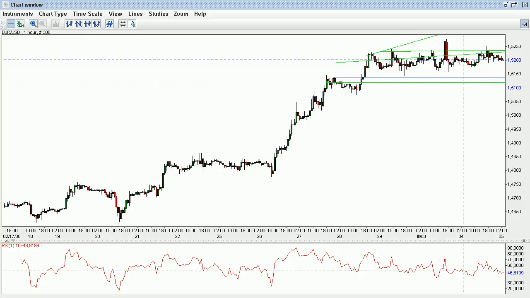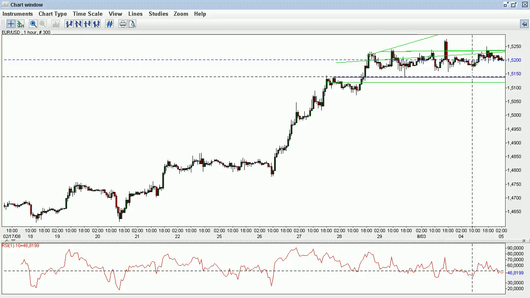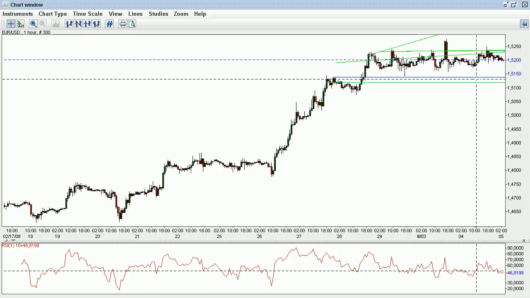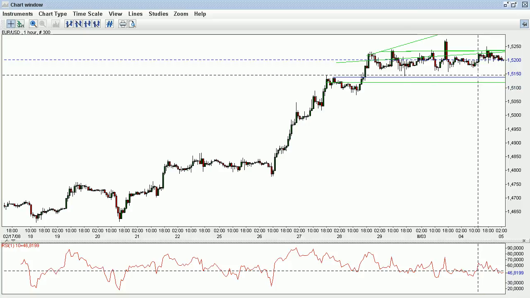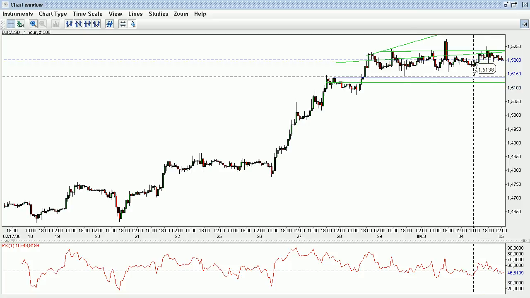But again, I repeat that in order to open a sell position you have to see a close below this level of 1.5135 in order to be more certain that a downtrend might be in place.